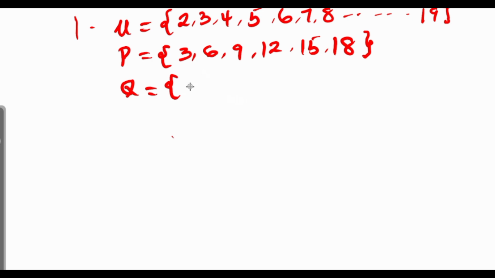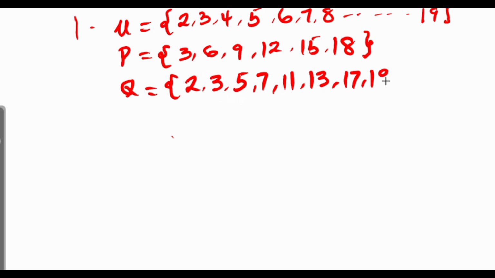So let's list out the prime numbers in the universal set: 2, 3, 5, 7. 9 is not a prime number, so we have 11, 13, 17 and 19. Good.